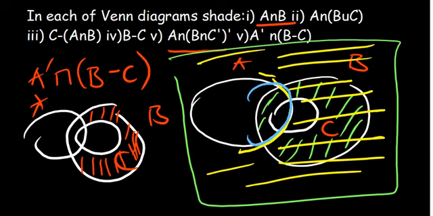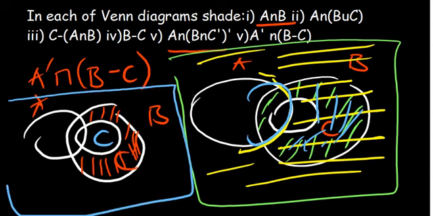So basically it's only this region that we've shaded. Remember, that is our C, and C is not part of the shading. So the shaded region is the solution to our final question there.